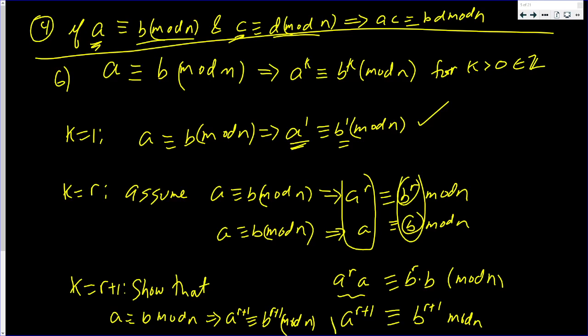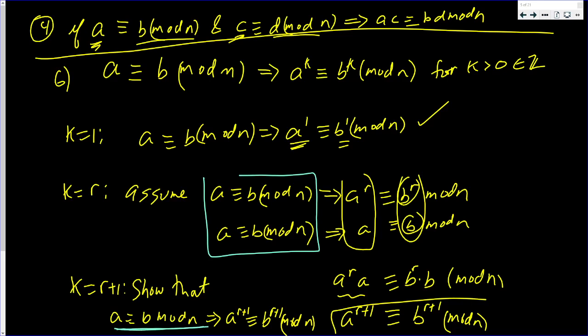Well, I did show that. And I got it from assuming that A is congruent to B mod n. I even carefully wrote it. So we nailed this one. That completes this proof. Actually, this set of proofs.